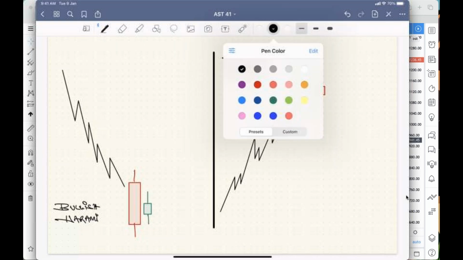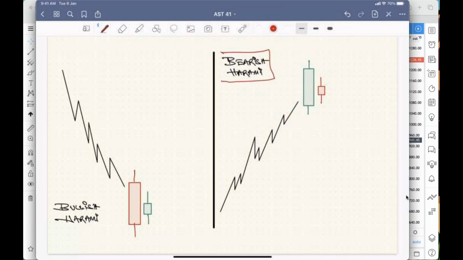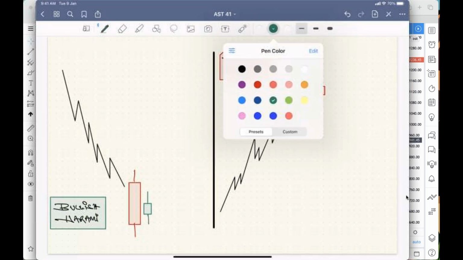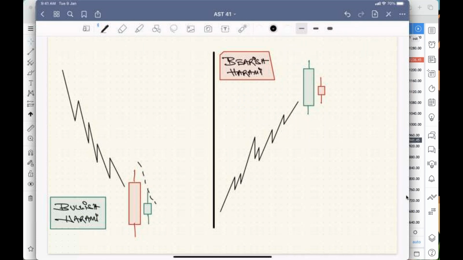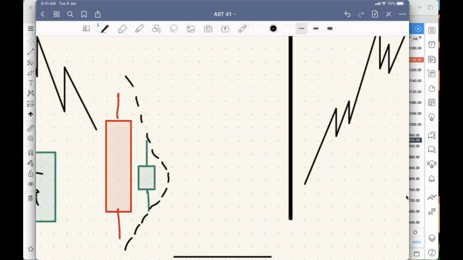It has got nothing to do with your Hindi slang of the word Harami. The word Harami in Japanese means pregnant woman. The pattern takes the shape of a pregnant woman, and that's why they use the word Harami in their language.